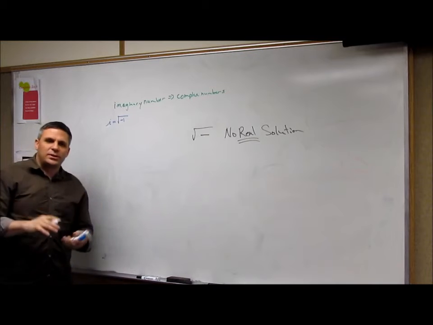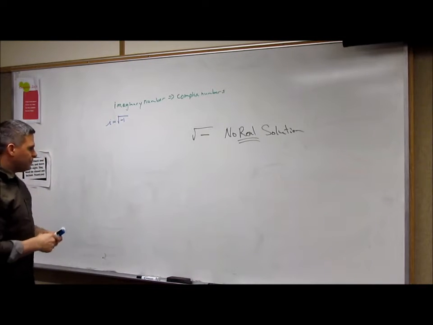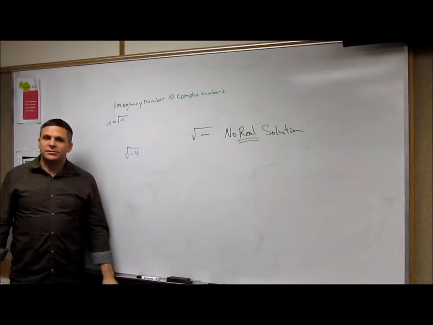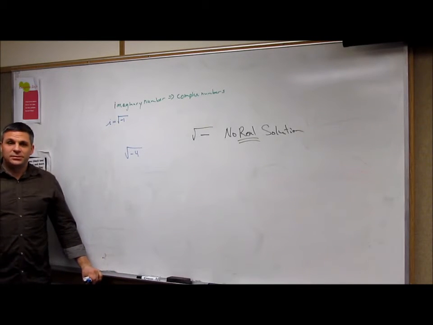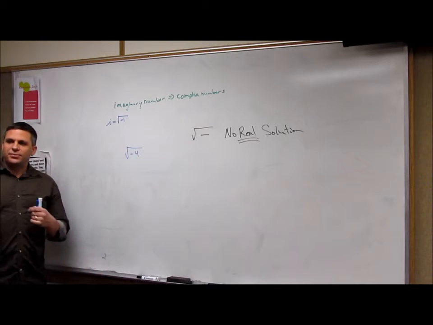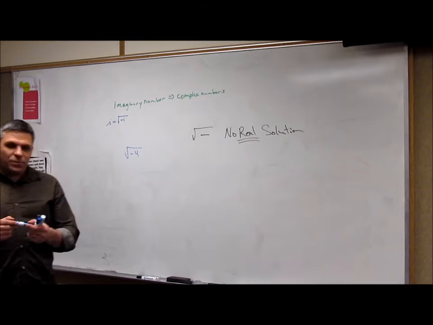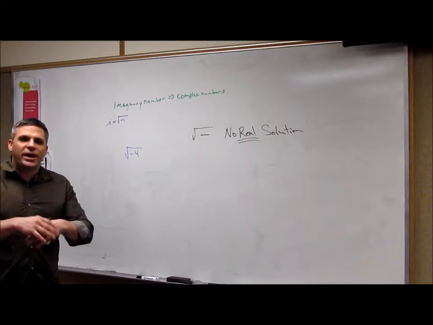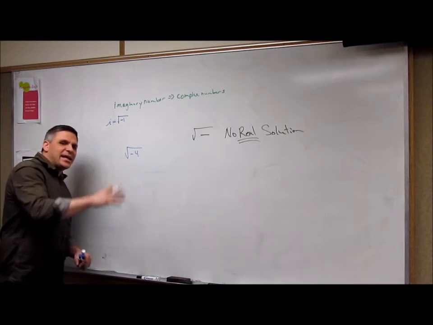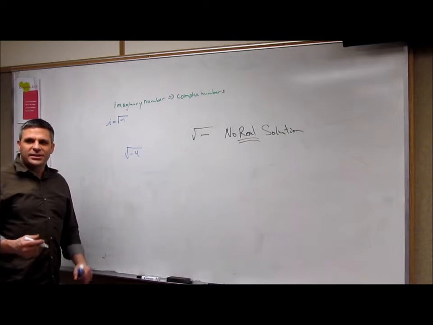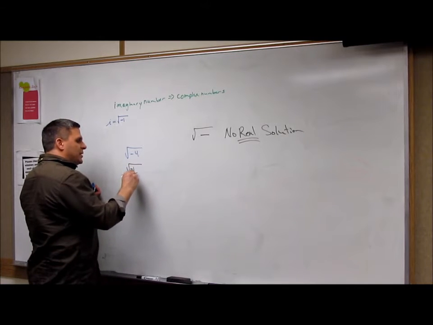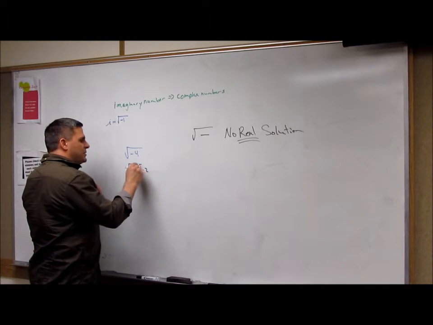So, let's look at one imaginary number. There's a real simple one. Let's go with the square root of -4. Remember we worked with square roots, so all we have to do is break it down. The first thing I get to take out is the negative. This is really the square root of -1 times 2 times 2.